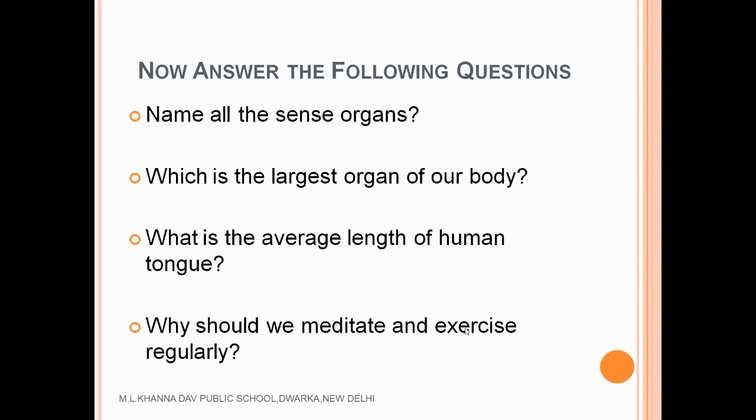Absolutely correct. Next question is, what is the average length of a human tongue? Yes, absolutely correct. The average length of a human tongue is 10 centimeters. Last question. Why should we meditate and exercise regularly? Yes, dear student, we should meditate and exercise regularly to keep our body fit and healthy.